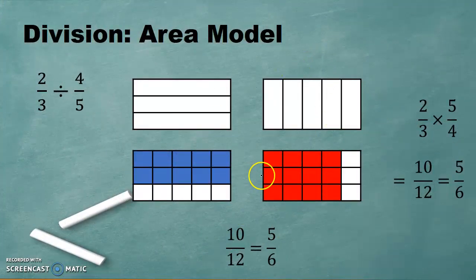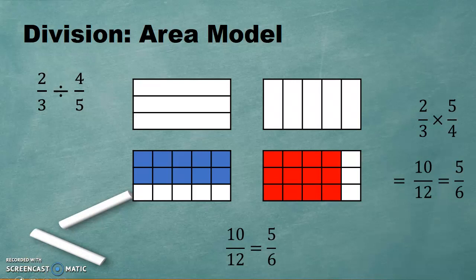Finally, for division, I decided to use the area model. So our dividend is 2/3 and our divisor is 4/5. So 2/3 divided by 4/5. What I did here is I went ahead and created my rectangles for my area model.